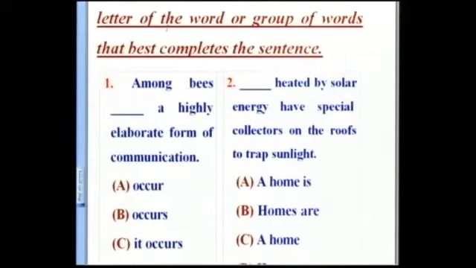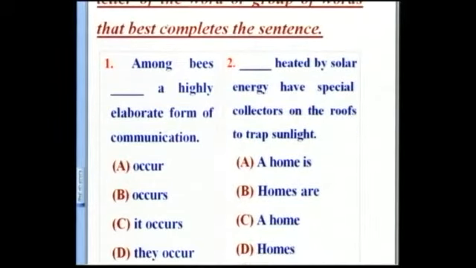Among these، طيب أول ما بشوف الجملة among these مكان، ما دام among يعني this is a phrase of place، يبقى هنعمل إيه؟ لازم هدور على فعل يجي في الأول. طيب بعد كده a highly elaborate form of communication. Form is a noun.